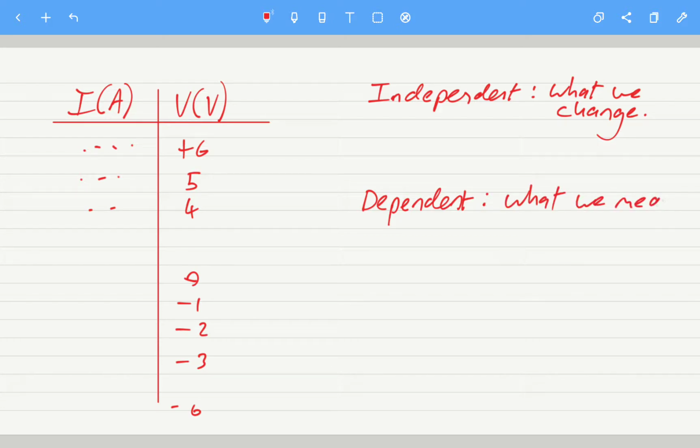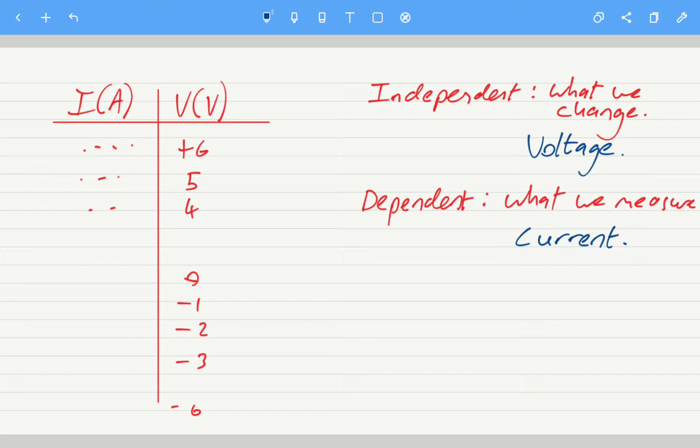You can write all this down if you want. So, in terms of what we're changing and what we're measuring, we are changing the voltage and we are measuring the current. So you could be asked that in an exam.